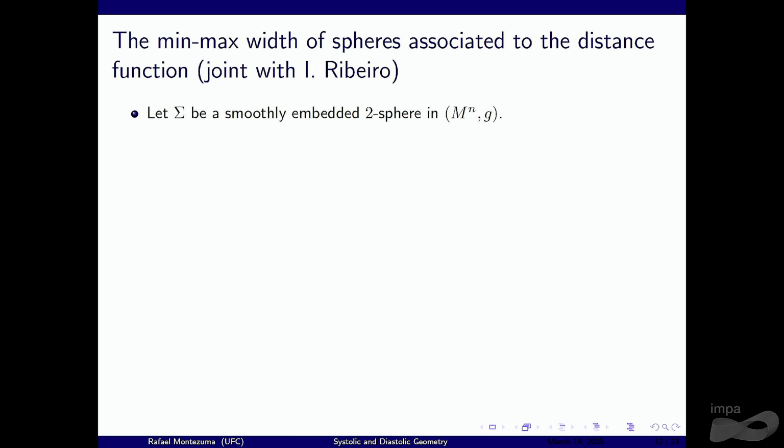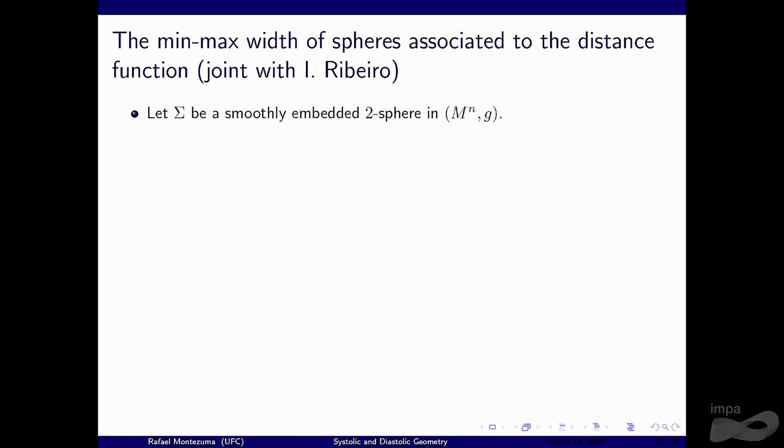Basically what we try to do here is to see what happens if you consider the distance function now for pairs of points in a sphere. The related question to the thing that I drew on the board is, of course you know that every two-sphere has a closed geodesic, but you don't always expect that this closed geodesic is made of two halves which are minimizing. It doesn't have to be like that, even if you pick the simplest one.